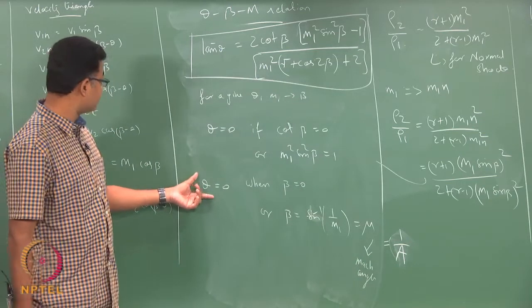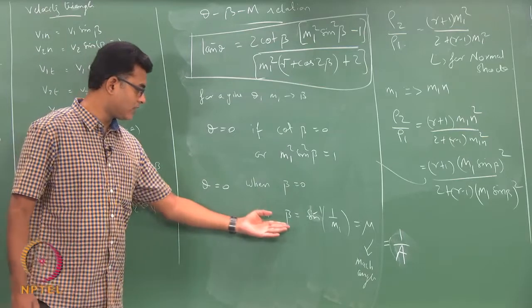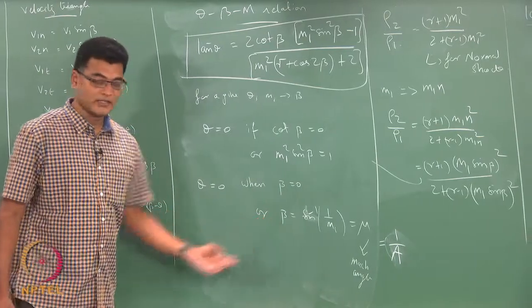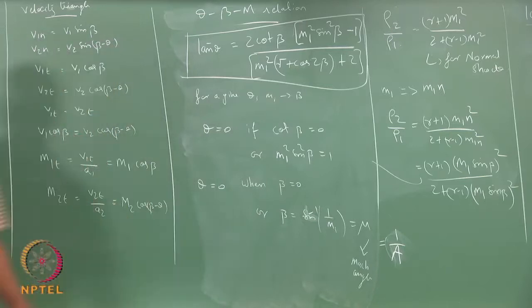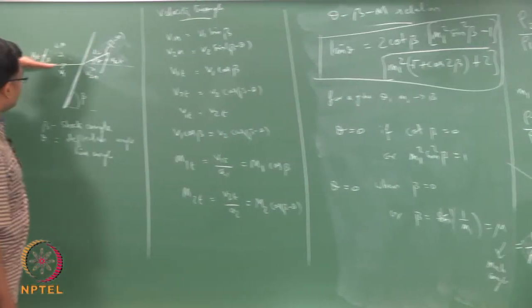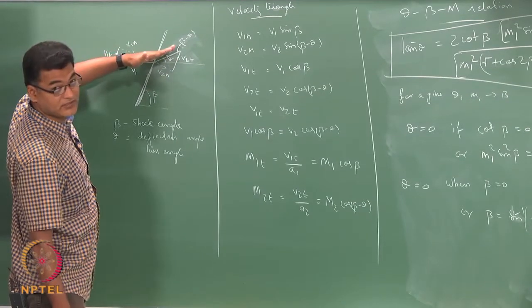So, you have no deflection. So, deflection angle is 0 when beta is pi by 2 or when beta is the same as your Mach angle. Theta is the angle at which the velocity is deflected. Okay.